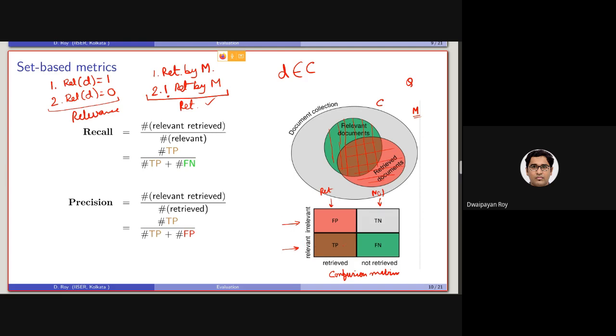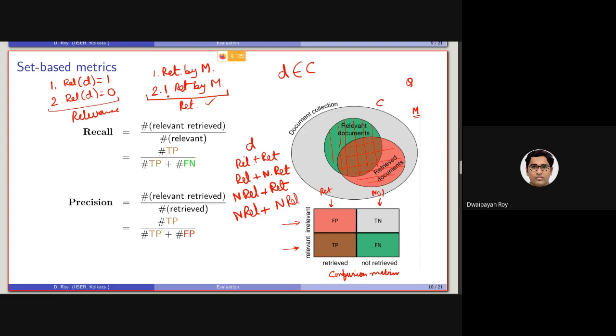So given a document, what are the possibilities of relevance and retrieval? It can be either relevant and retrieved, relevant but not retrieved, non-relevant but retrieved, or non-relevant and not retrieved.